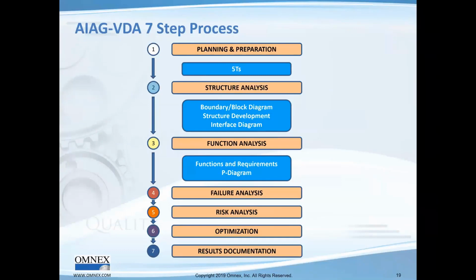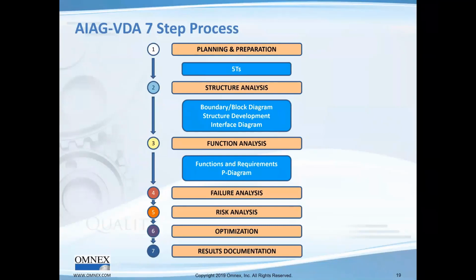So there it is. This is a 7-step process. And of course, what you usually see in here is a little bit of Omnex in terms of how Omnex thinks it is the right way to do it. In fact, I took those steps out. This is pure 7 steps from AIAG VDA.